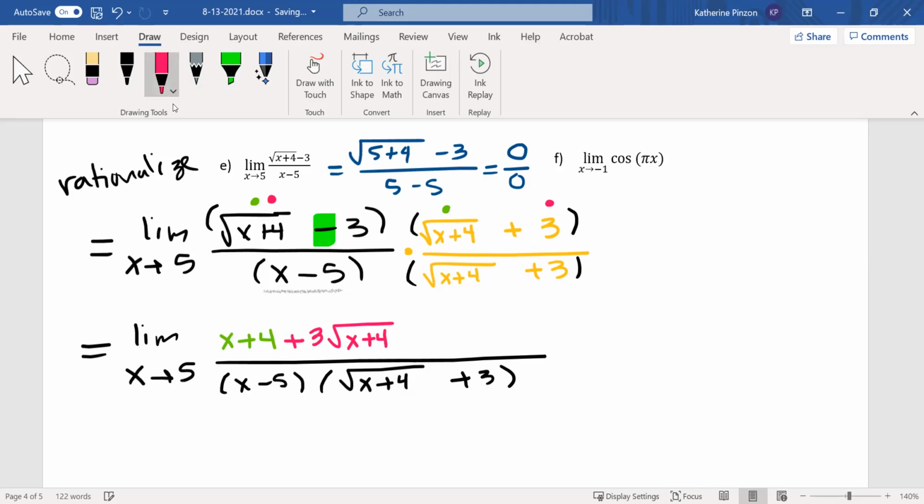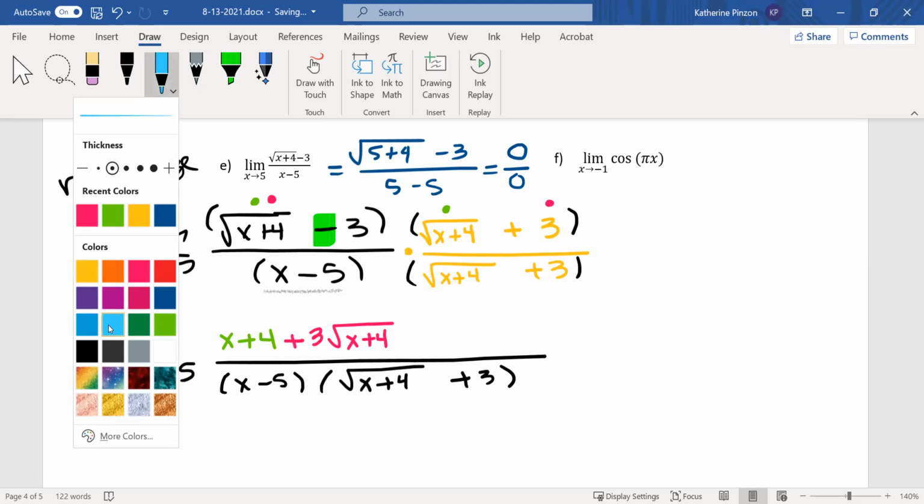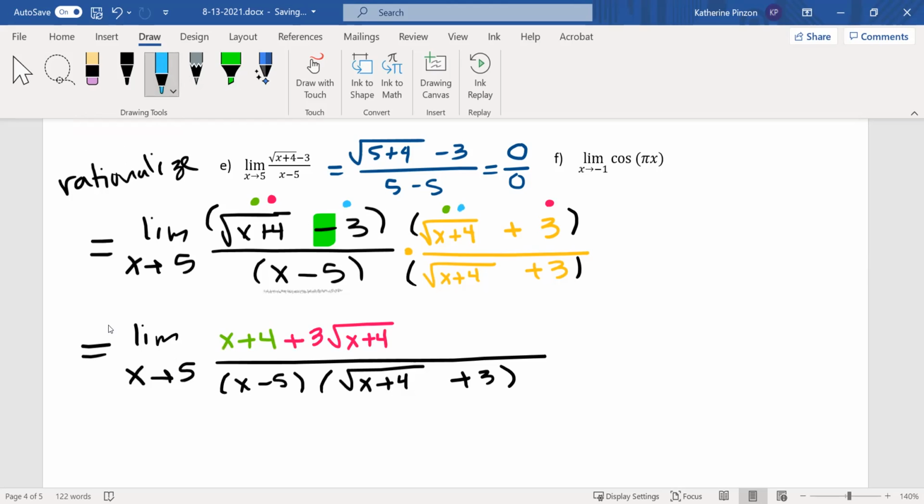Okay, inside, I'm doing this guy and that guy. So negative 3 square root of x plus 4. And then last, I got one more guy to do. Negative 3 times 3 makes negative 9. Awesome. Okay. Can you simplify the numerator at all?